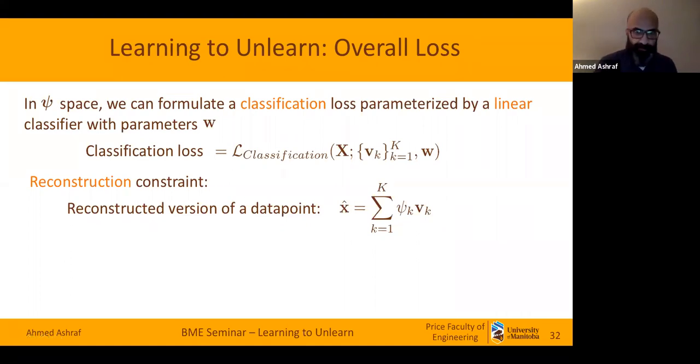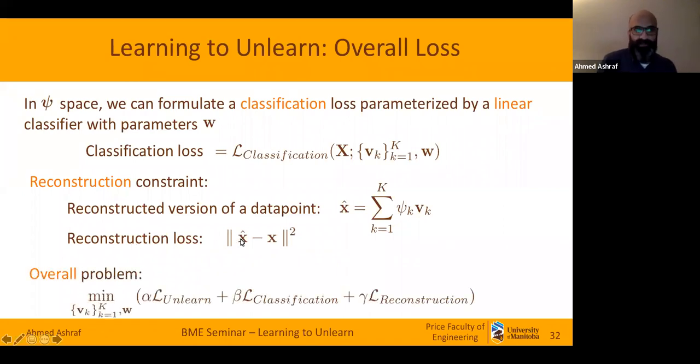Again, this is a choice. And then this is the reconstruction loss, and we can just compute this loss for all the training examples. And then our overall problem is basically the minimization with respect to the classification weights and the cluster centers, of a combination of these three losses. And this is very general.